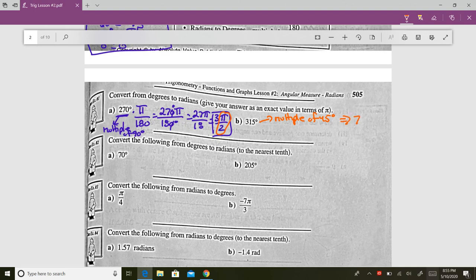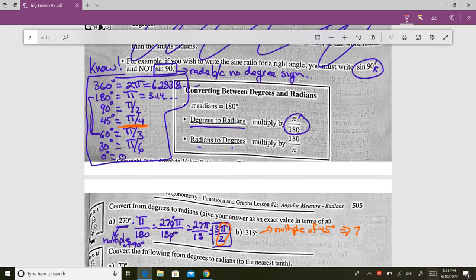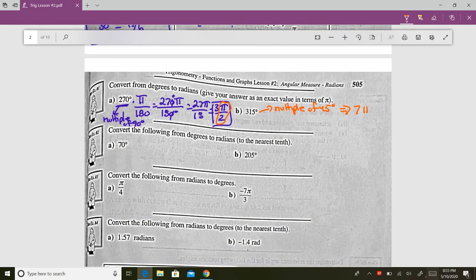So it's 7 45-degree angles. What's a 45-degree angle? Pi over 4. So this is 7 pi over 4. The other way you could do it is to multiply by pi over 180 and reduce the fraction, you'll get that.